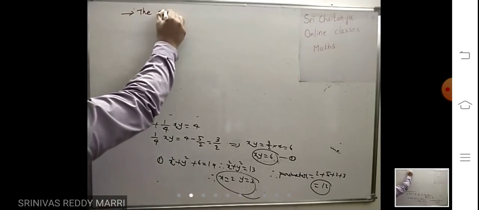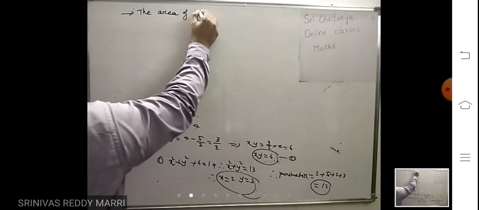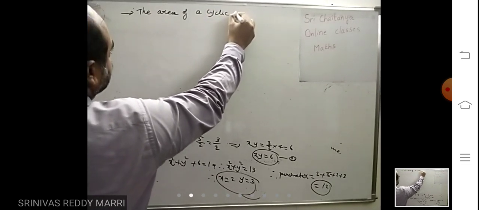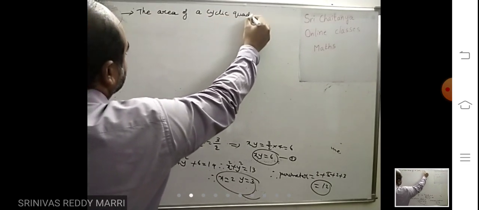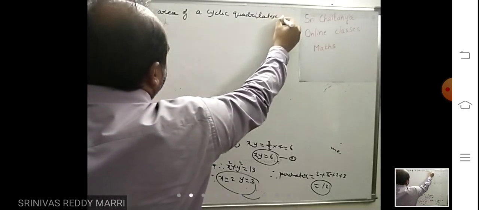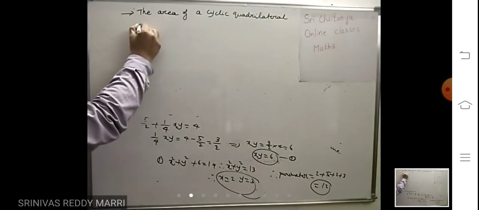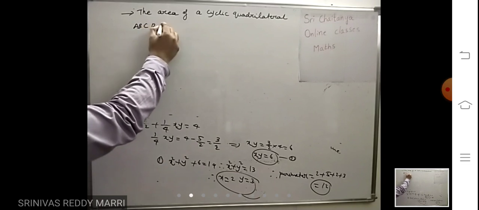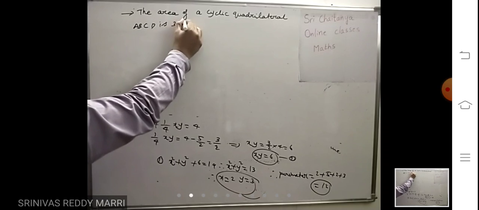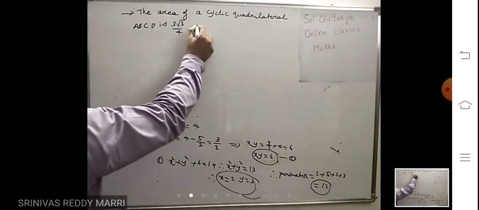The area of a cyclic quadrilateral ABCD is given as 3 root 3 by 4.